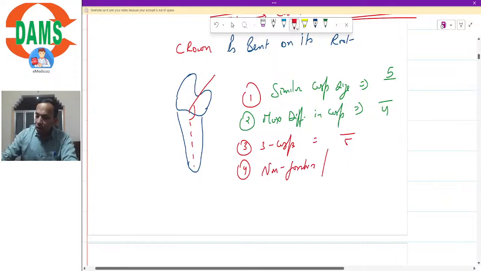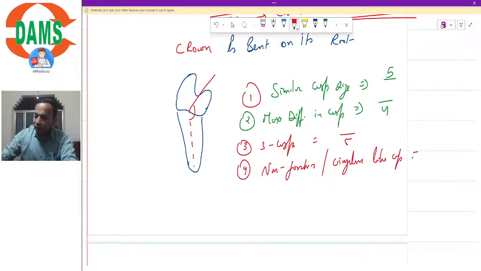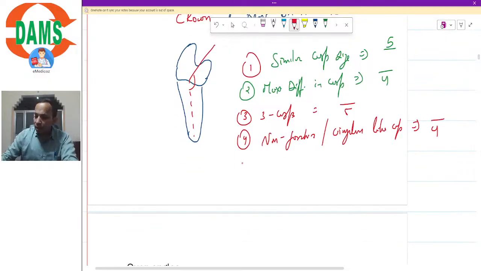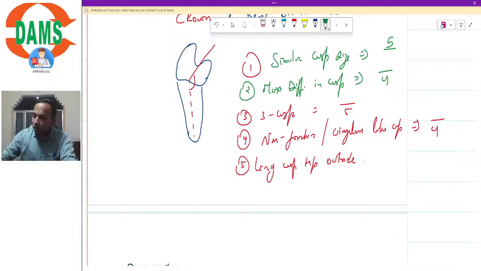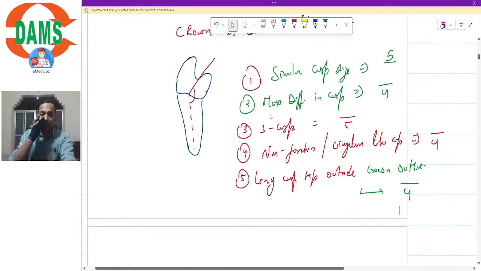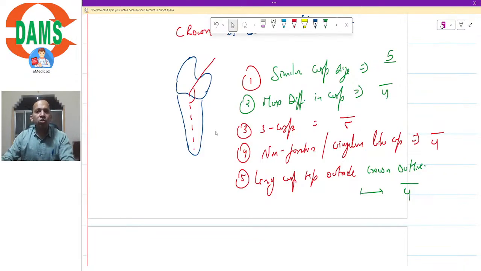Non-functional or cingulum-like lingual cusp, obviously, is the mandibular first premolar, right? Lingual cusp tip outside the crown outline, again it is the mandibular first premolar. So these are all the features as far as the cusps are concerned. These are some of the comparative points regarding these premolars, right? And also as you can notice, they appear to be lingually bent.